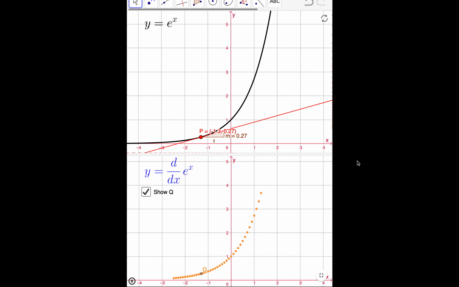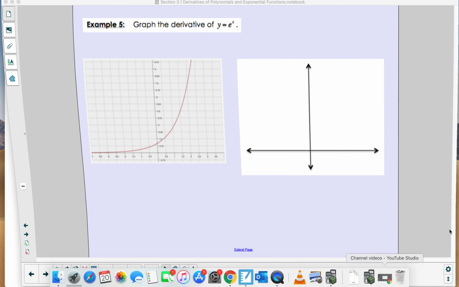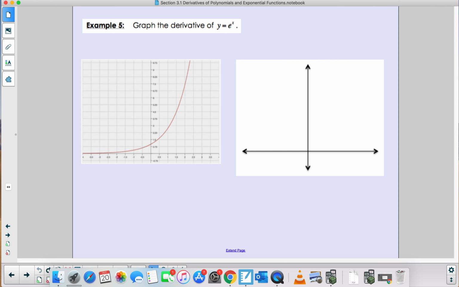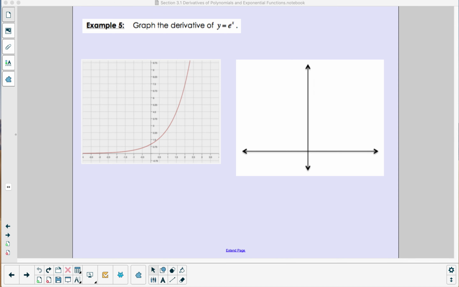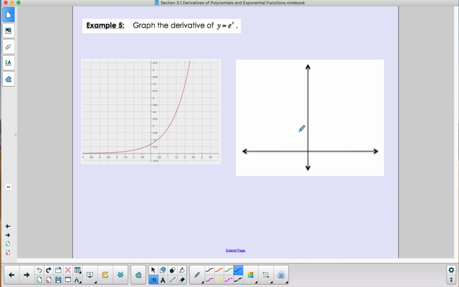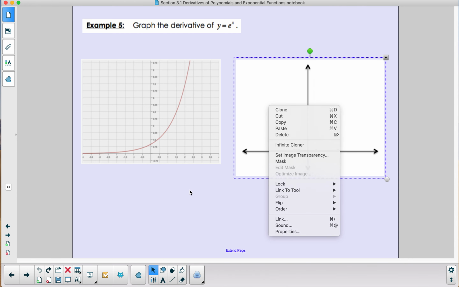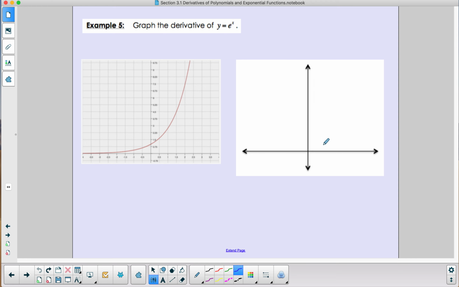Okay, so let's go ahead and go back to our notes here and graph that. So the derivative of e to the x, we're going to graph it, will look like this. This is not a very good graph because it shouldn't touch the x-axis.